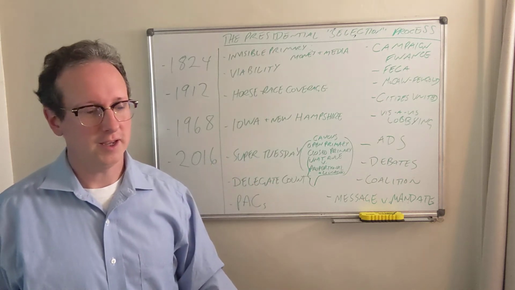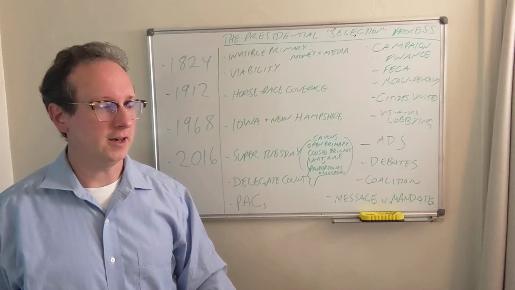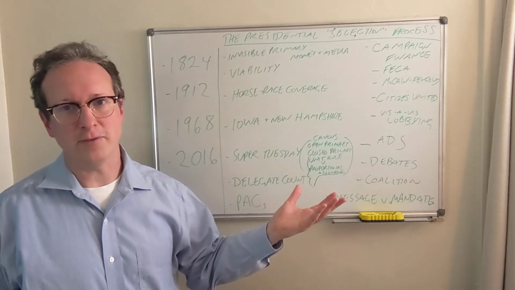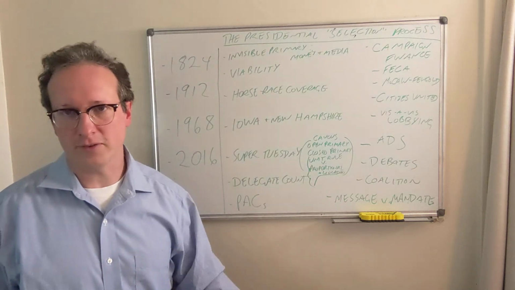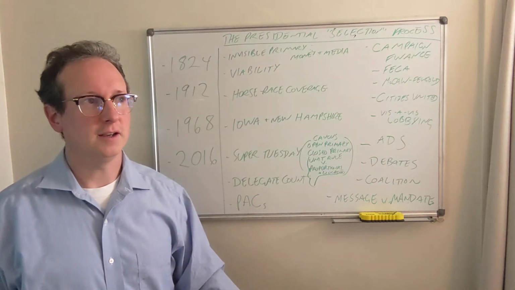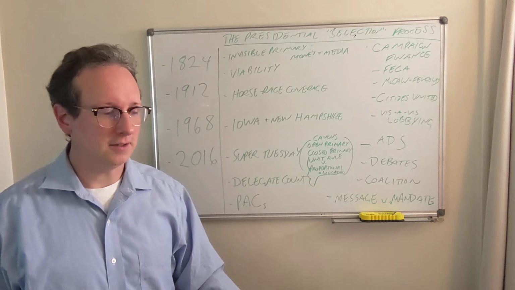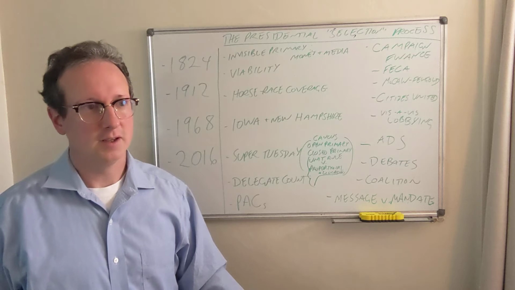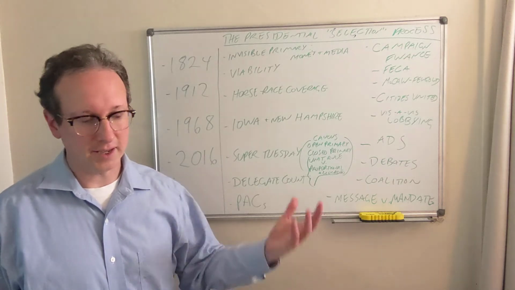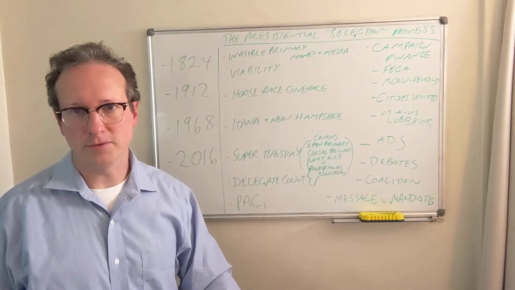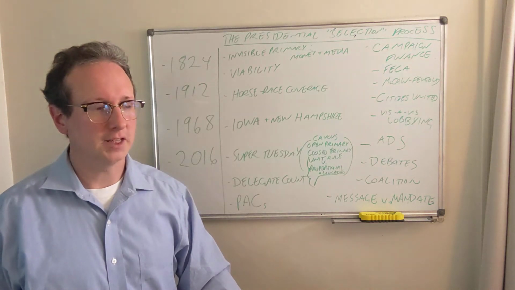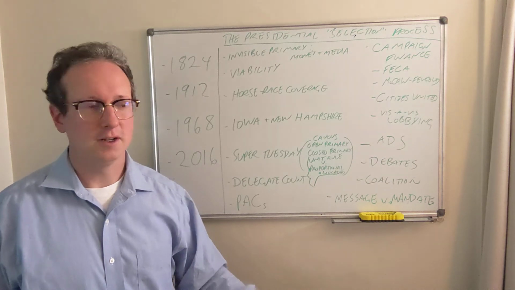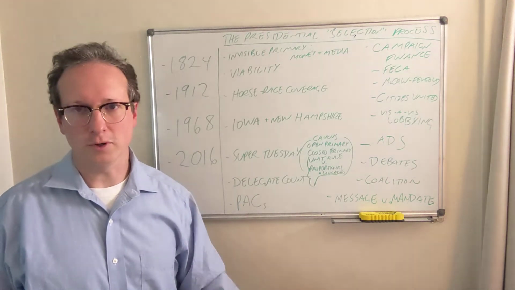So for example, in a fictional state with candidate A and candidate B, candidate A gets 55% of the vote and candidate B gets 45%. If there are, say, 50 delegate votes in that state, candidate A would get 27 of those votes, and candidate B would get 23. That's how proportional allocation works.